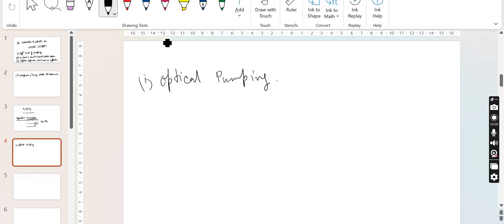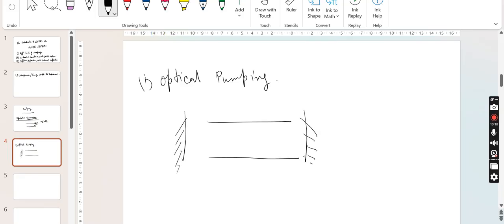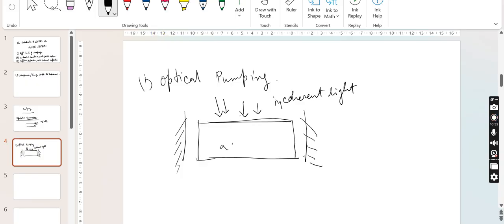So in this method, this is the cavity, this is an active medium. So incoherent light needs to fall on this active medium.